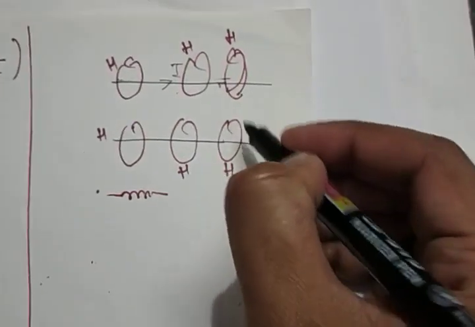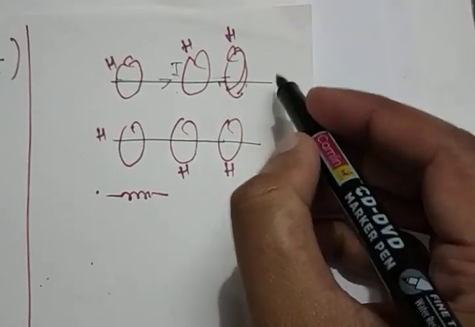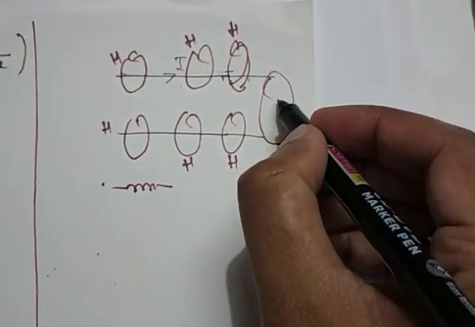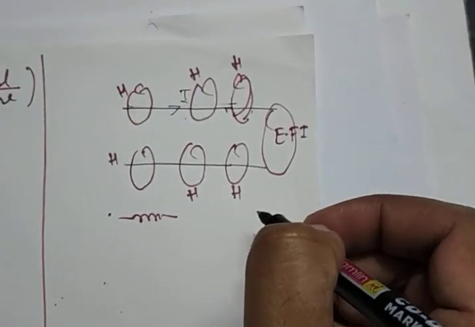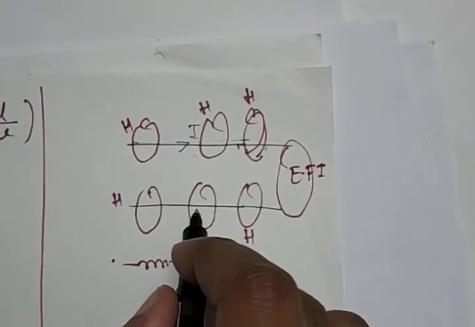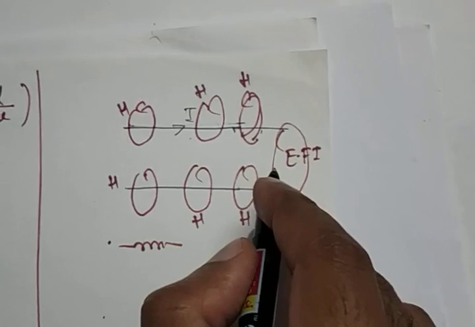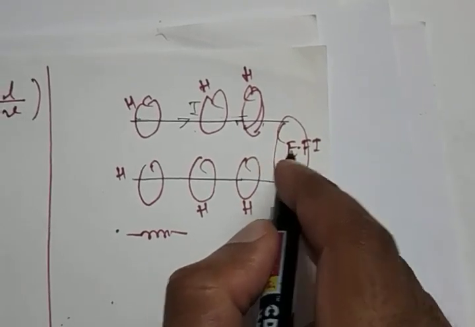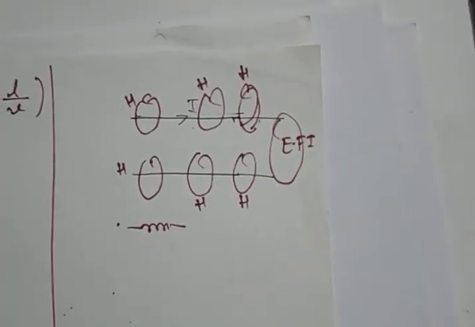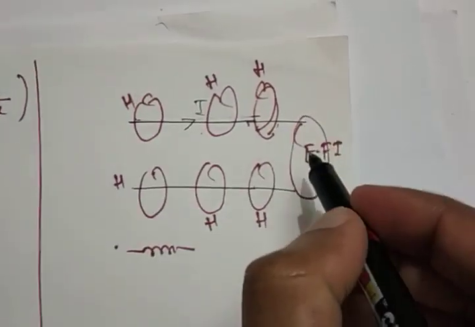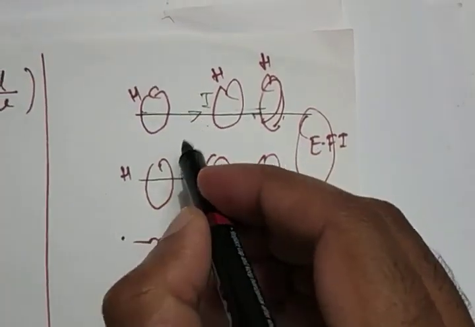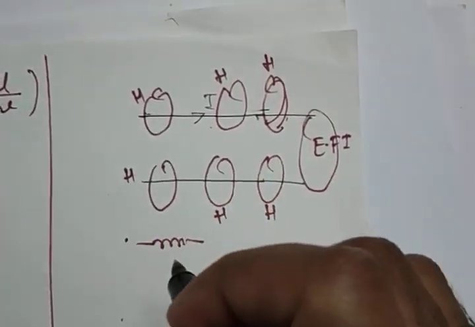And if we have electric field around that, between these two conductors we will also have electric field intensity. Whenever there is production of magnetic field intensity, there will be production of electric field intensity. Whenever there is production of electric field intensity, there will be production of magnetic field intensity. Electric field intensity travels, say, from positive to negative.